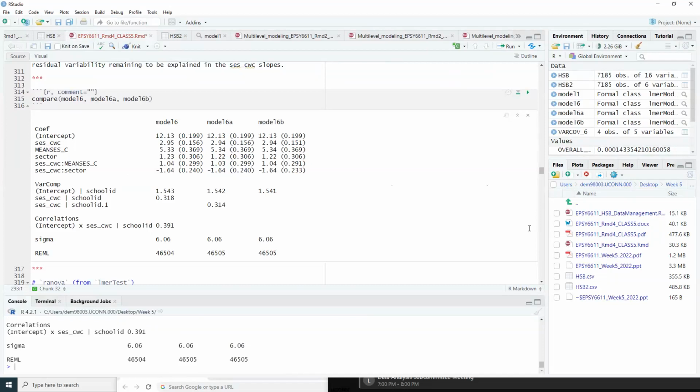Look at 6A and 6B. Look at my fixed effects estimates. Well, okay, 1.0, they're close, right? Look at my variance components, super close. Other than the fact that I don't have that 0.3 or 0.314, it doesn't really seem to change.